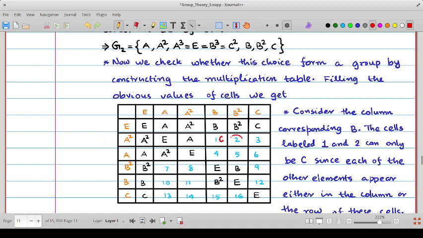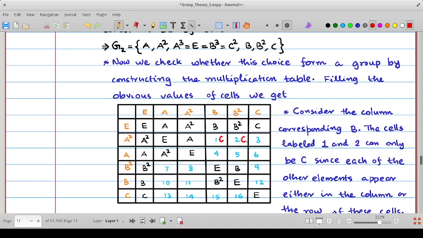Now look at cell number 2. As already seen, the row contains A square and E, and the column contains B and B square. Again, the only possibility is C. But then the rearrangement lemma says that every row should contain an element once and only once.